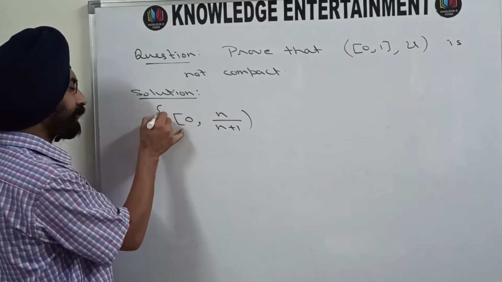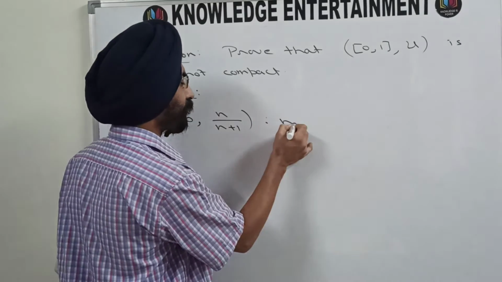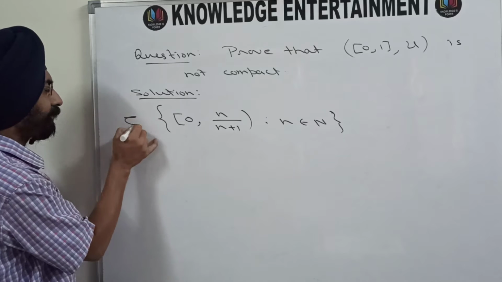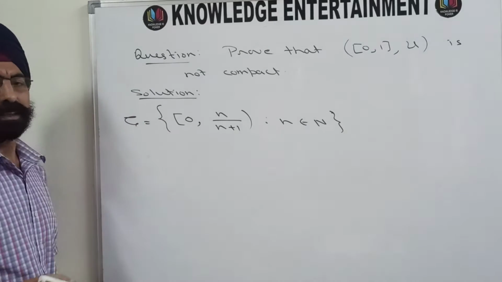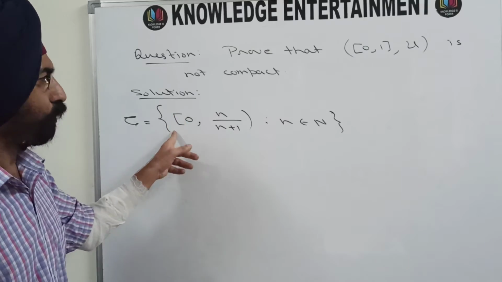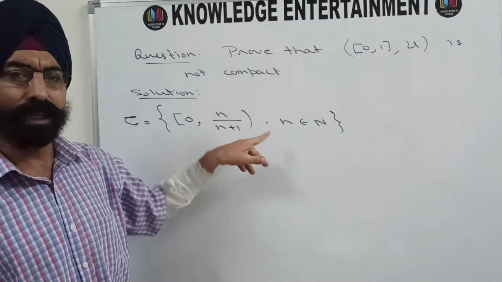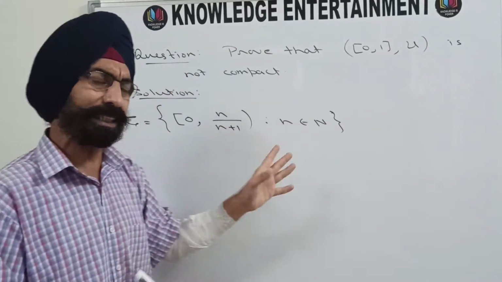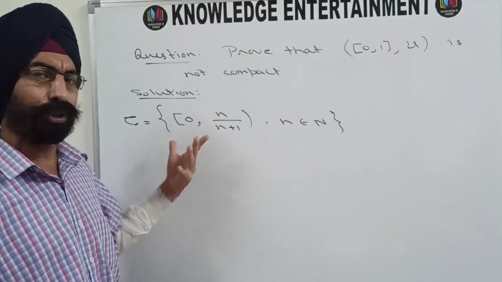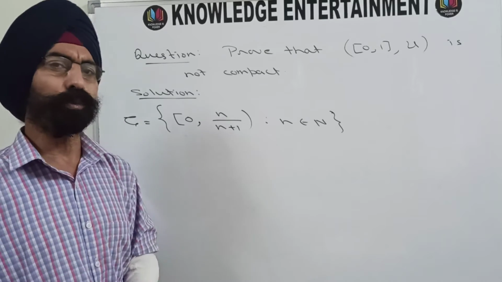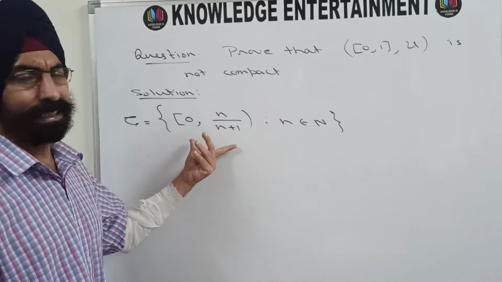So look, you can have this type of intervals: [0, n/(n+1)) with n/(n+1) open. So consider the collection of all such intervals. So this is an open cover. Because in the relative topology, the sets of this type, closed on one side and open on the other side, in the relative topology of [0, 1] with reference to the usual topology of real numbers, these are the open sets.